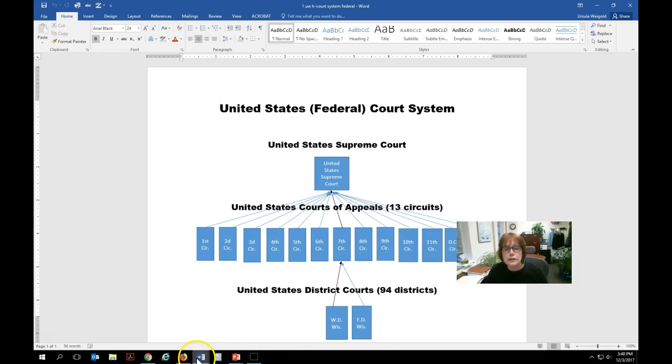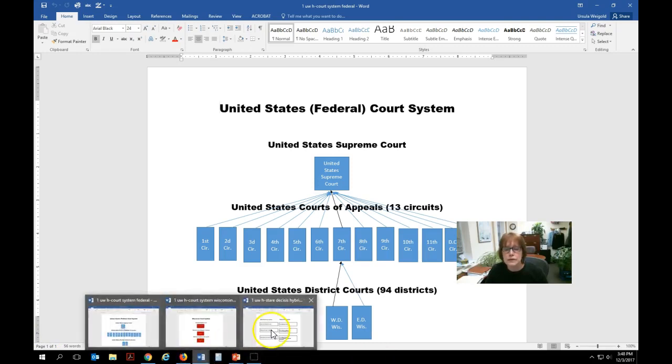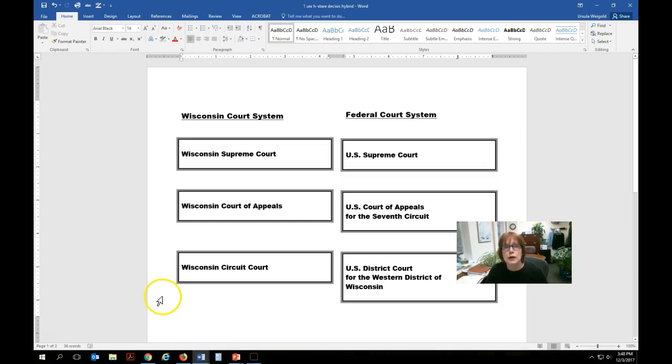All right, now let's look at the so-called hybrid situation, which is a little bit more complicated, but which a lawyer may run into now and then. And that is, what if you're in one court system, but the judge is applying the law of the opposite system?